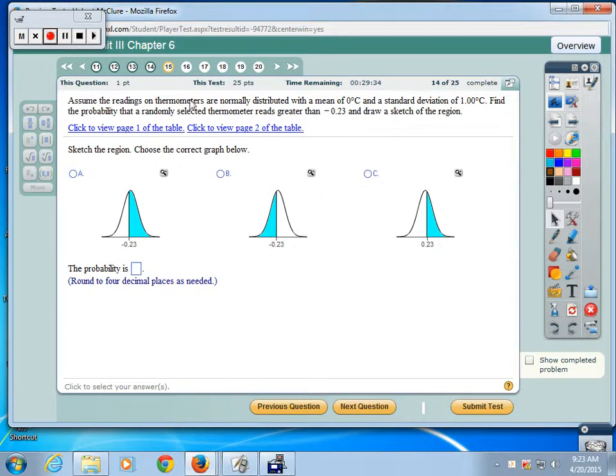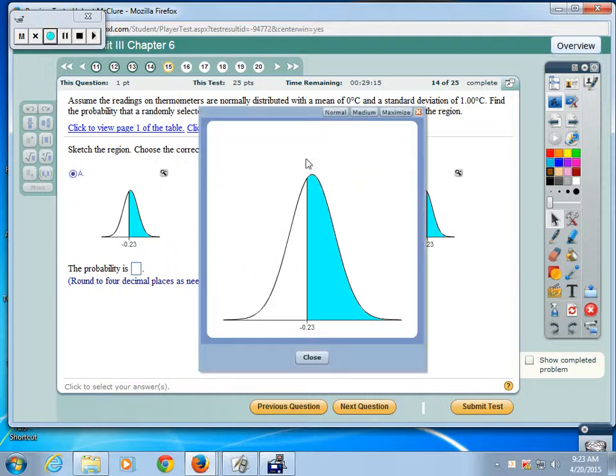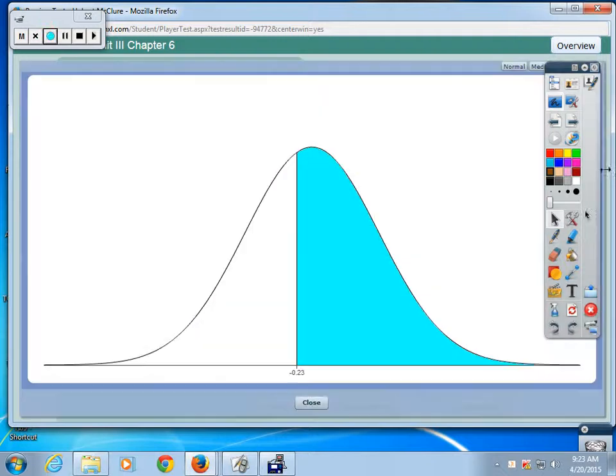All right, assume the readings of the thermometer. This is out of 6.2, so this one's real easy. Greater than means what? Right hand side. So if you're using your calculator, you're going to go from what? Negative 2.3 to infinity, Hubert. That's right, class.